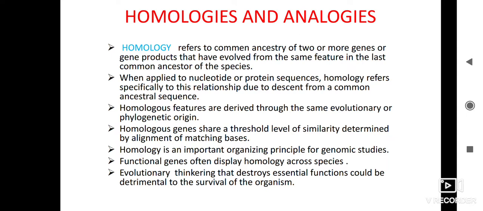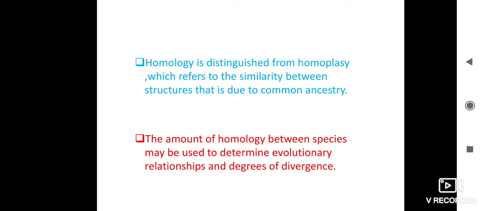Evolutionary tinkering that destroys essential functions could be detrimental to the survival of the organism. Homology is distinguished from homoplasy, which refers to the similarities between structures that is not due to common ancestry. The amount of homology between species may be used to determine evolutionary relationship and degrees of divergence.